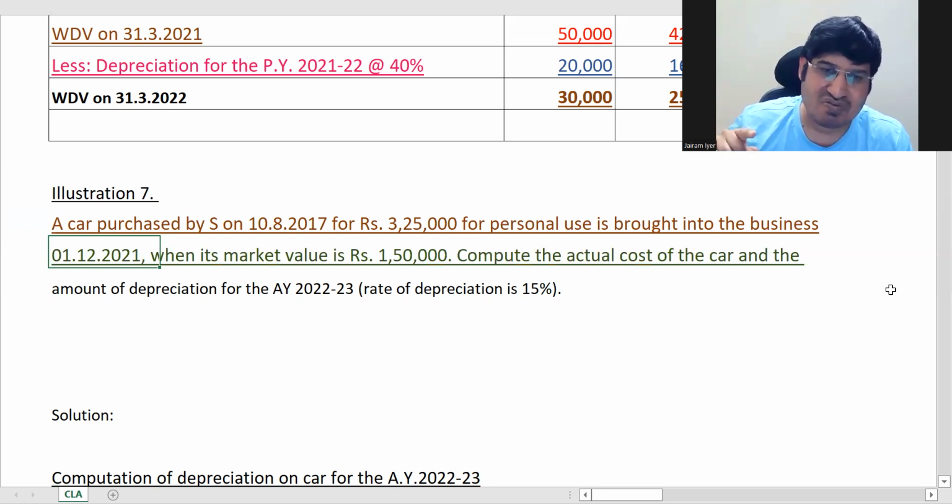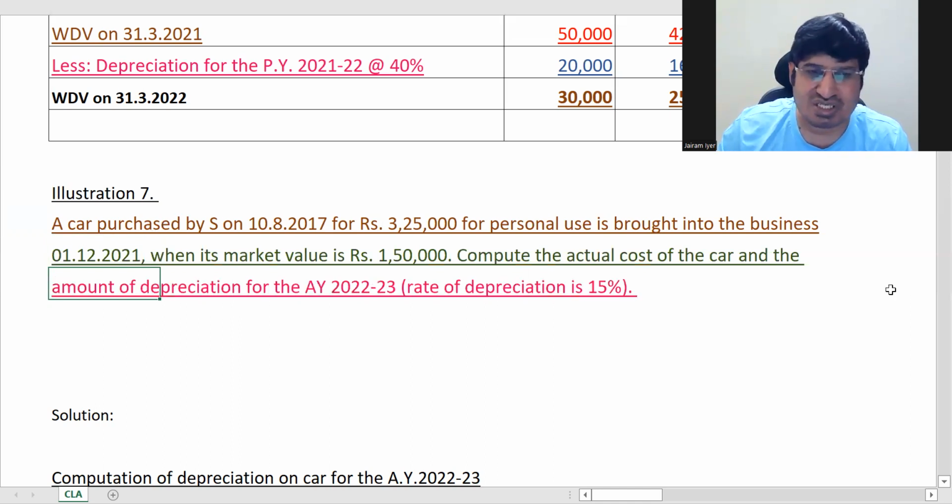Compute the actual cost of the car and the amount of depreciation for AY 2022-23, rate is 15%.